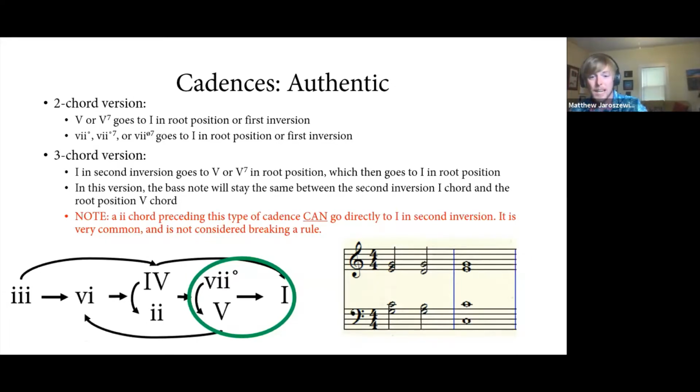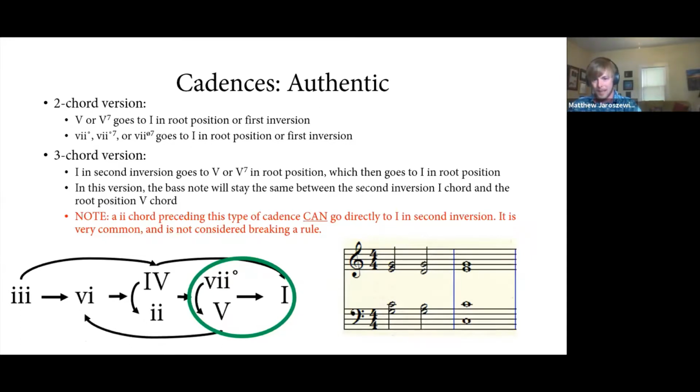So basically we're talking about the last step of our flow chart going back to 1. As you can see, I wrote at the top, we have two versions. Our 2-chord version, 5 or 5/7 going to 1 in root position or first inversion.